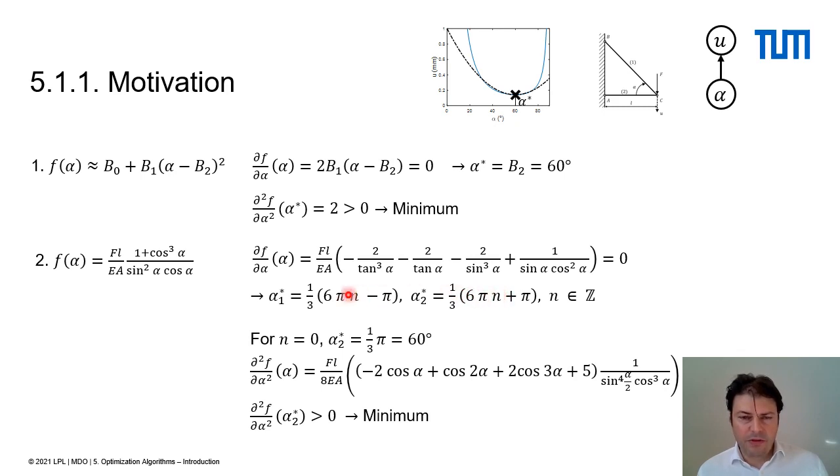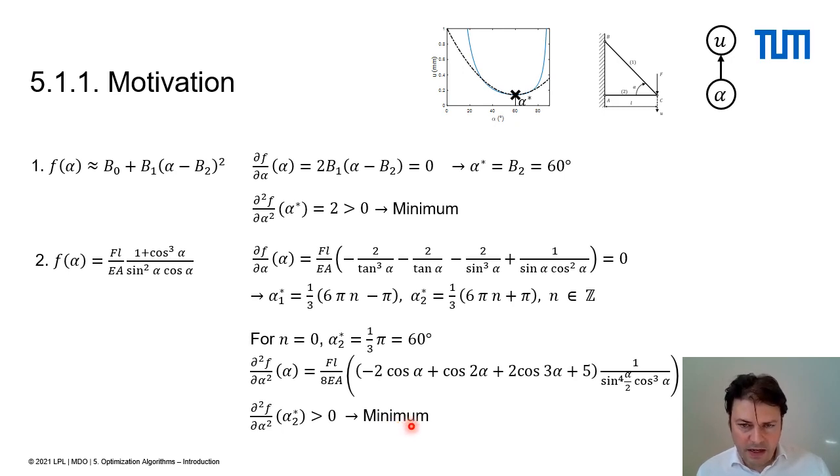So you pick one of them and evaluate part 2 of the sufficient conditions. You come up with this expression where you would have to plug in the value for the design variable of your optimum candidate, and it turns out that indeed, at alpha 2 star equals 60 degrees, you do have a minimum because the sufficient conditions are satisfied.